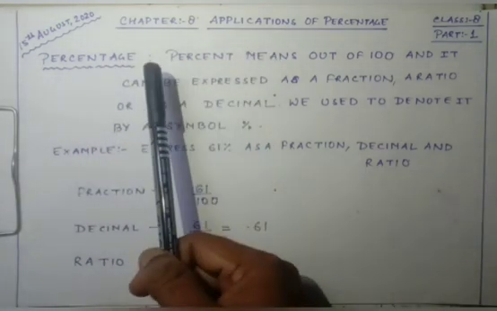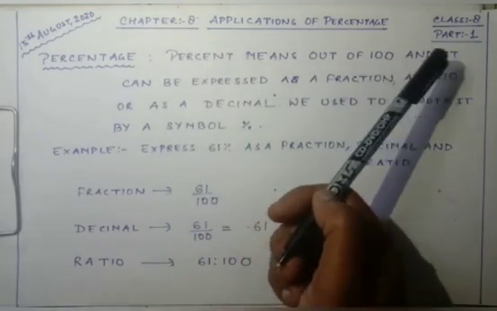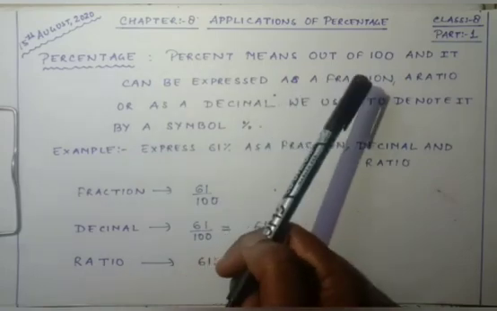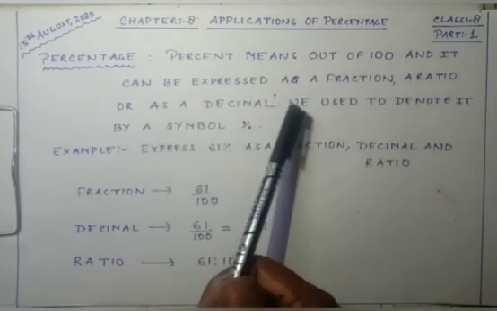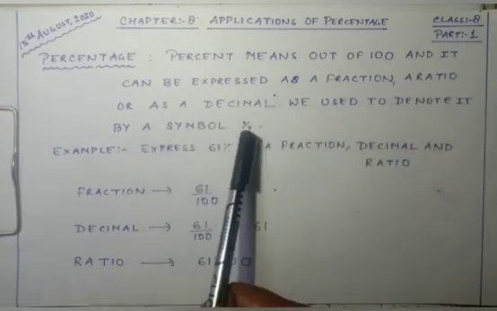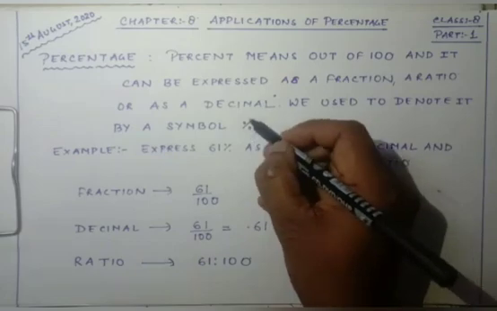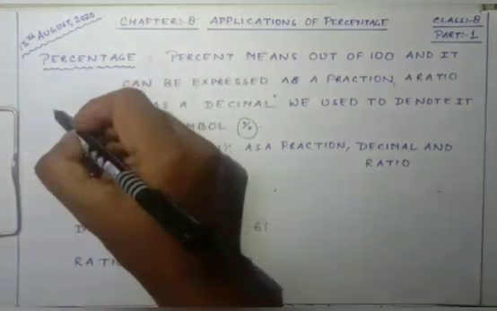Percentage or percent means out of every 100, and it can be expressed as a fraction, a ratio, or as a decimal. We used to denote it by a symbol, percent. This is the symbol of percent. Now, if I have to express any number in the form of a percent, simply I am going to put the percent sign.